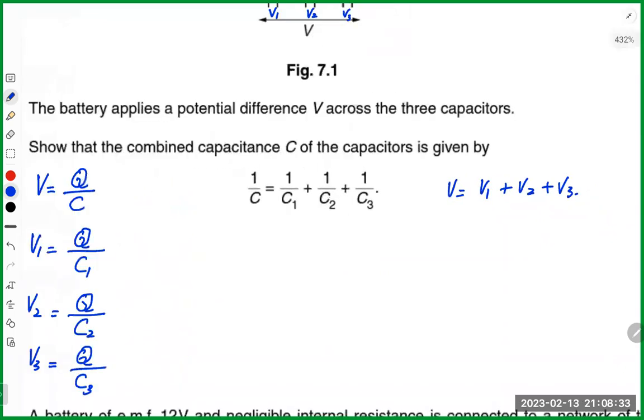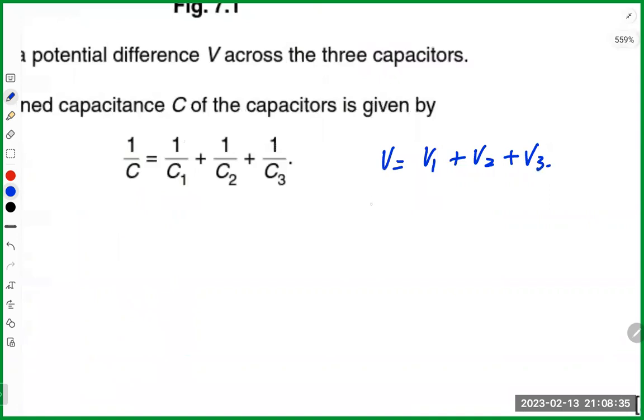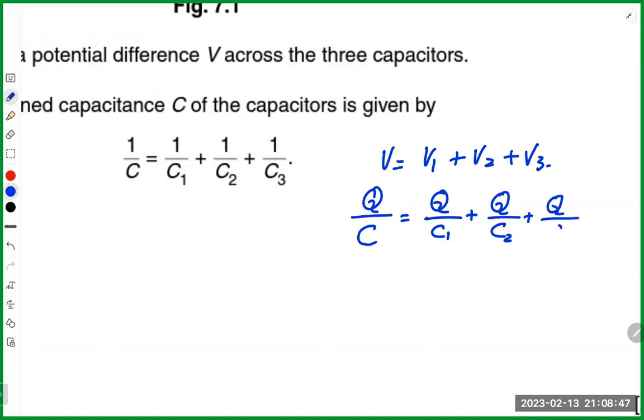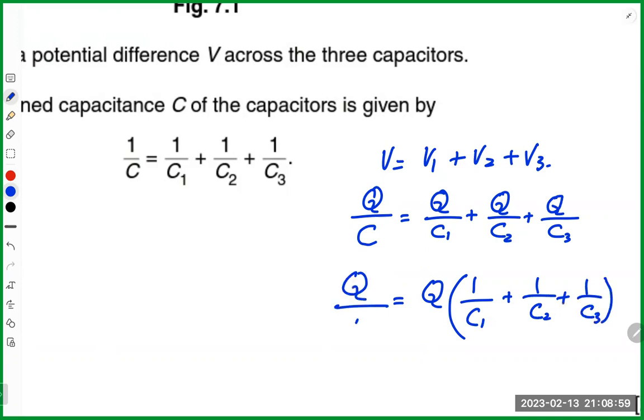So if I put all these values into this expression, I will get Q over C equals Q over C1 plus Q over C2 plus Q over C3. So if I take Q common from the right hand side, I will be left with 1 over C1 plus 1 over C2 plus 1 over C3 equals Q over C. I hope you can see that if I shift Q from either side to the other side, it will be in the denominator and it will get cancelled.